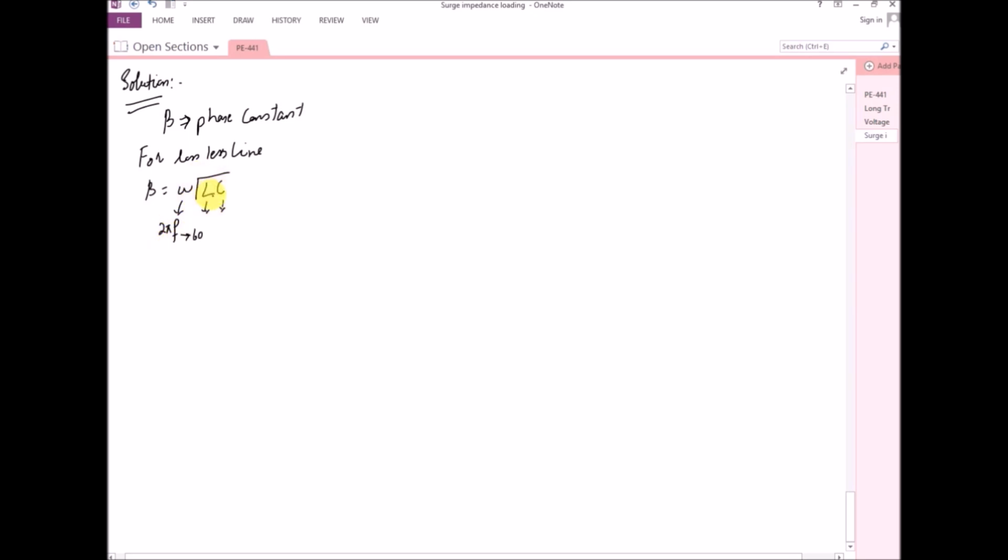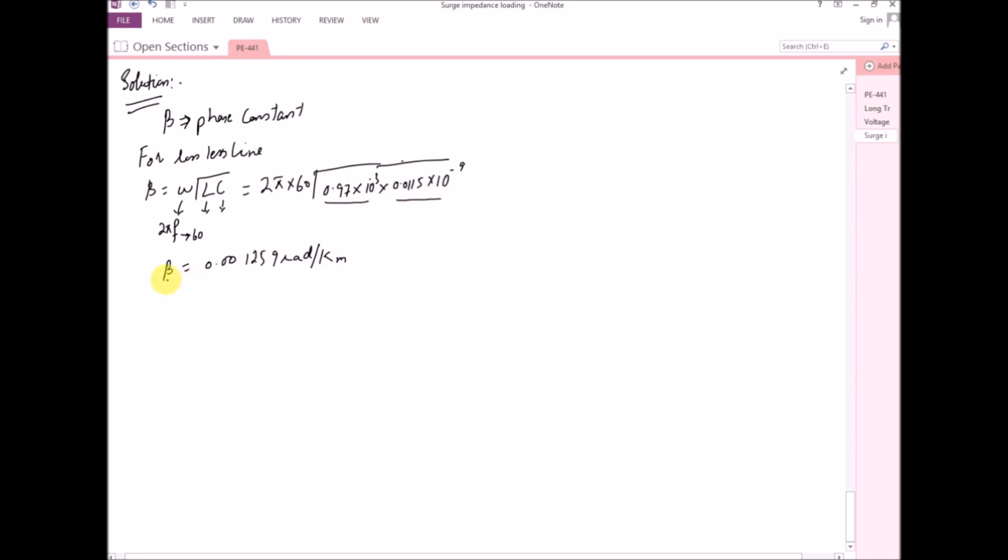All the values are given to us, so we just have to replace them with the values. 2 pi into 60 under root 0.97 into 10 raised to minus 3 into 0.0115 into 10 raised to minus 9. So the beta value will come out to be 0.001259 radian per kilometer, because both of these values are per kilometer per phase.